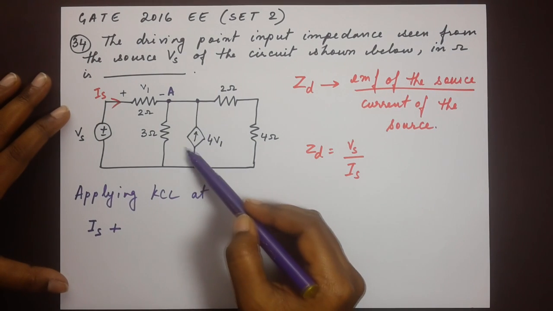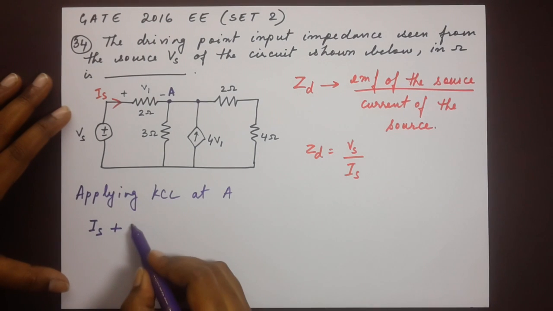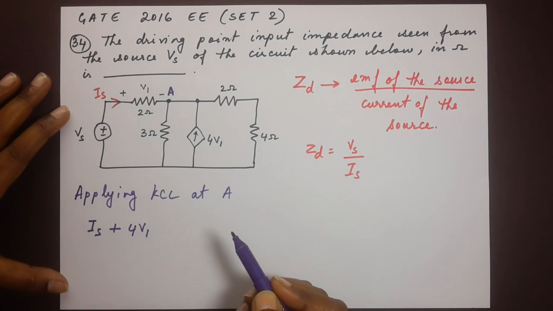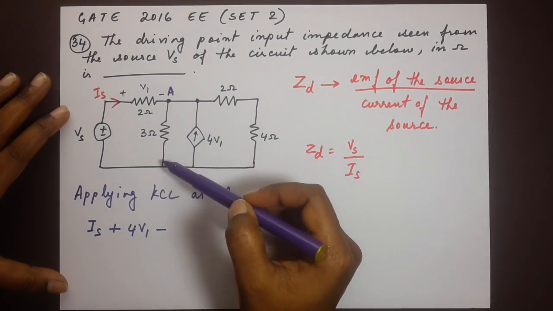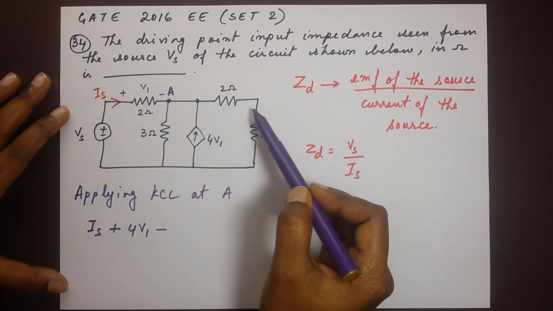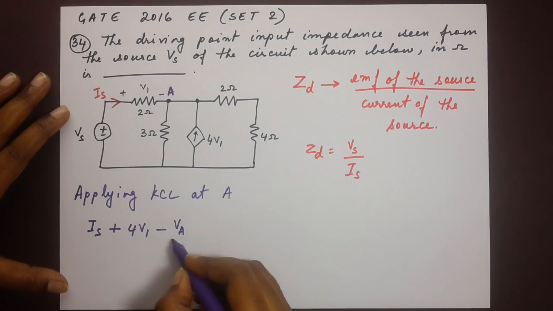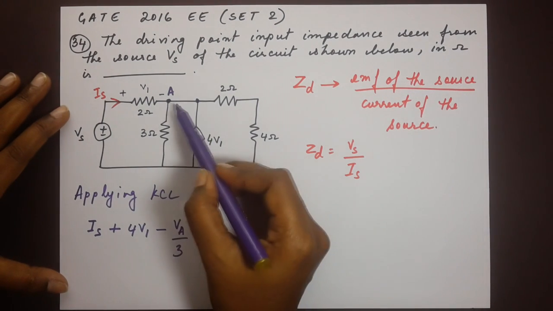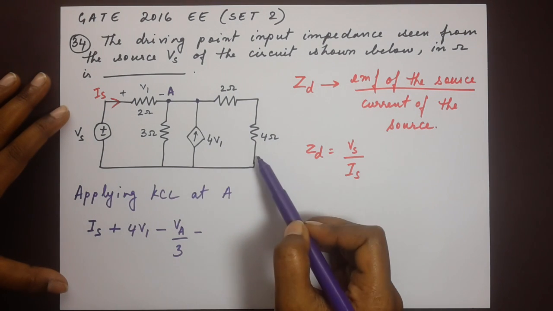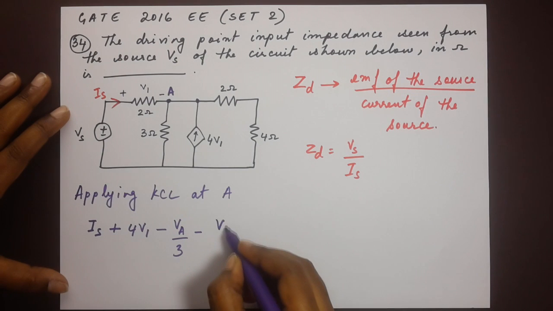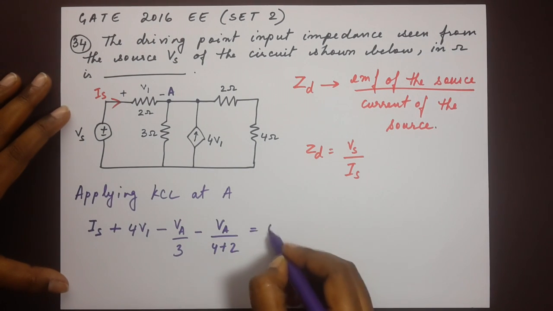Now here we have a current source and the direction of current is upward, therefore it would be plus 4V1, minus. Now we are going to take a look at this branch and this branch here. So it is Va by 3 minus Va by the sum of the resistances in this branch, that's 4 plus 2, Va by 4 plus 2, is equal to 0.